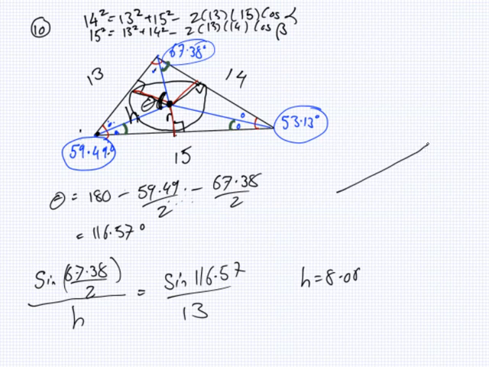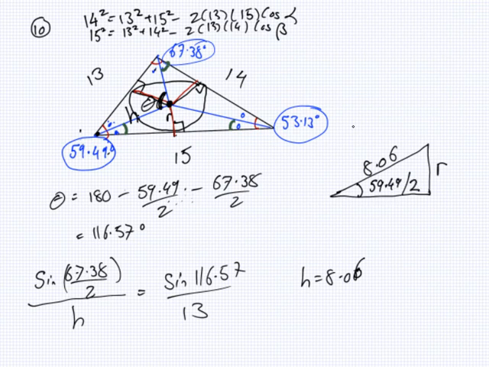Now, finally, let's draw this triangle. This is 8.06. This is OR. This is 59.49 over 2.